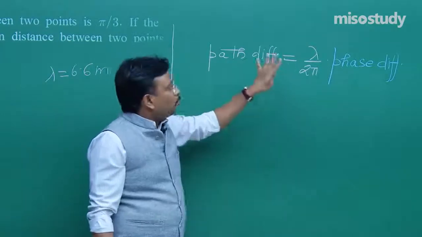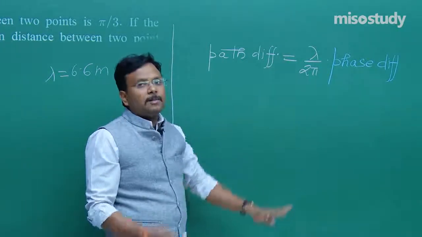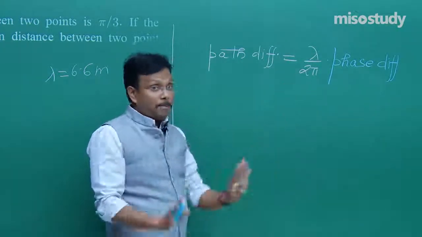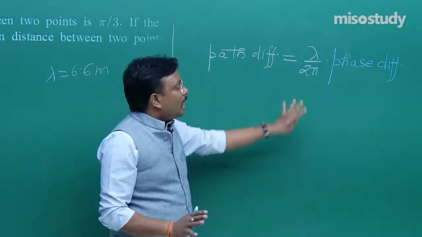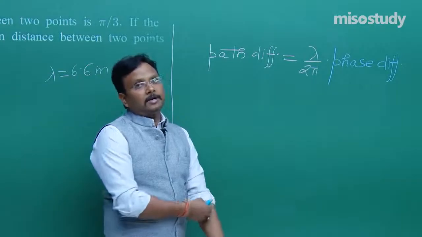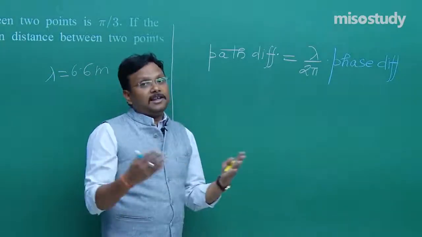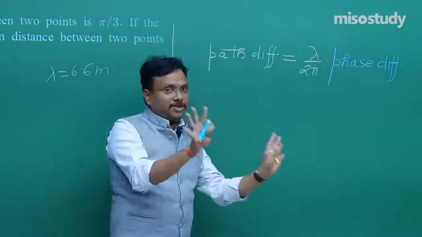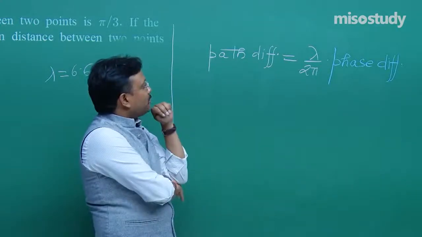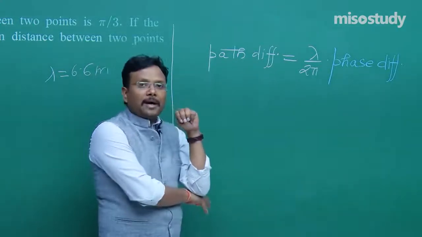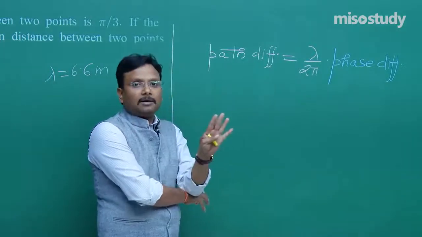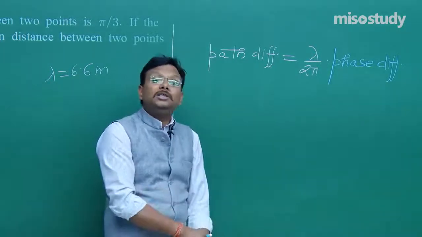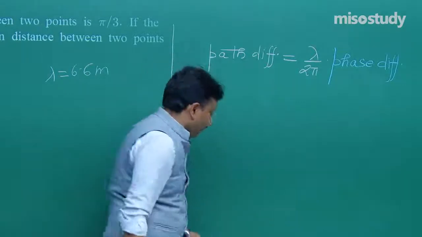Fine. So don't make this simple concept in any way complicated, because these type of formulae, you accept it or not, are sometimes very difficult to recall in the examination hall just because of the pressure. Moment you mention, oh, phase difference is equal to lambda upon 2 pi, path difference, ruined. You know that it is not correct, but just because of the pressure. So please don't allow these things to happen. Fine.